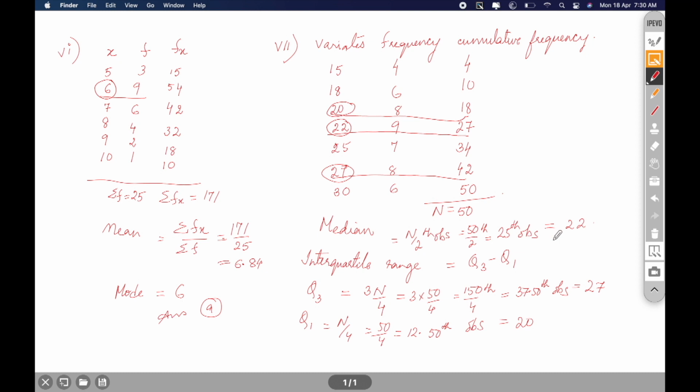Hence interquartile range here will be 27 minus 20, that gives us 7 as the answer. Median is 22 and interquartile range is 7. So the correct option to this is part B. Answer is part B.